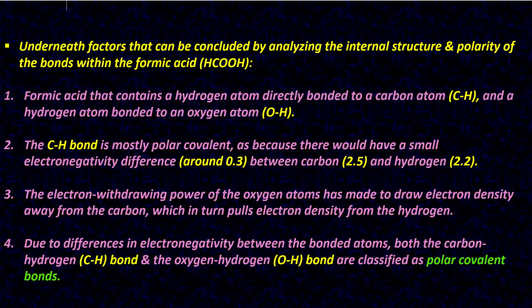The CH bond is only slightly polar covalent, because there is a small electronegativity difference of around 0.3 between carbon, at 2.5, and hydrogen, at 2.2. The electron-withdrawing power of the oxygen atoms draws electron density away from the carbon, which in turn pulls electron density from the hydrogen.